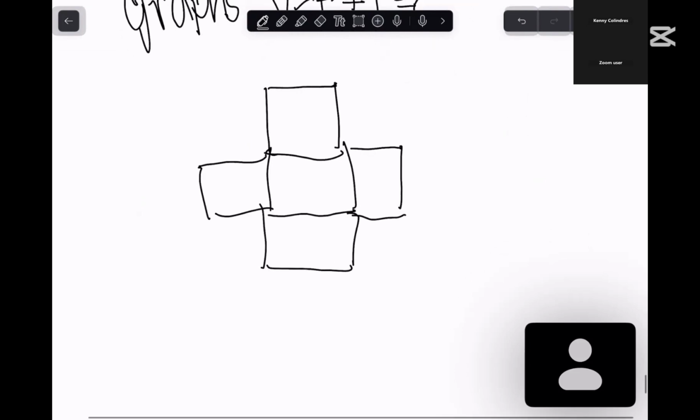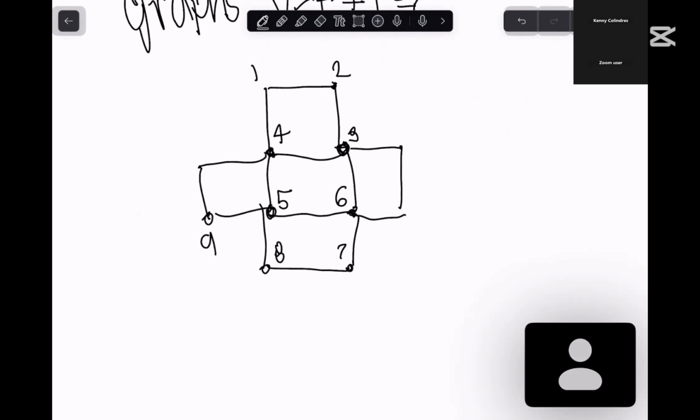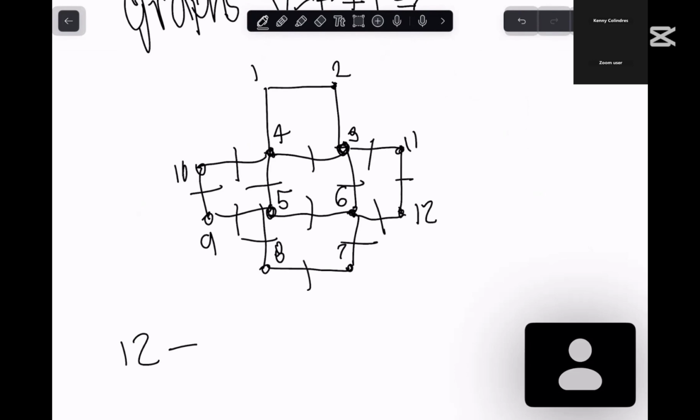And we can count the number of vertices. It has 1, 2, 3 right here, 4, 5, 6, 7, 8, 9, 10, 11, 12. So it has 12 vertices. And we're going to subtract the number of edges. And it has 1, 2, 3, 4, 5, 6, 7, 8, 9, 10, 11, 12, 13, 14, 15, and 16.